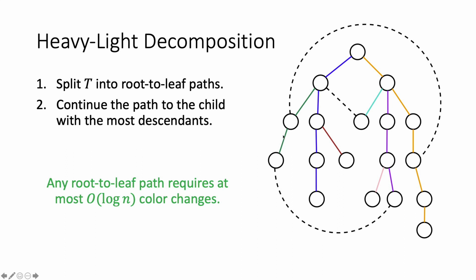There must be another subtree, at least of the same size or larger, that was a child of the parent. For every such color change, you can make this statement. And so clearly I can only do this log n times before I run out of nodes of T. So any root-to-leaf path requires at most log n color changes.